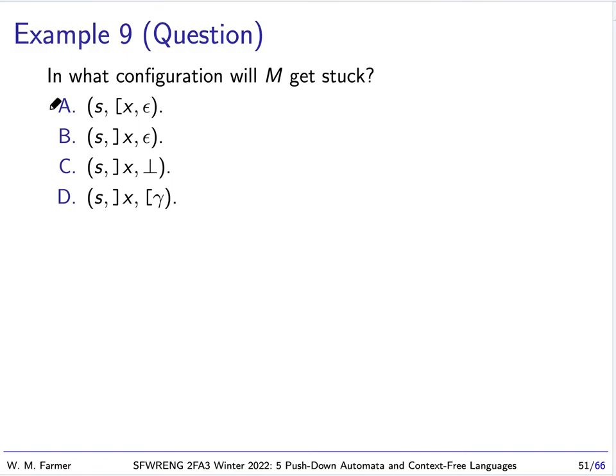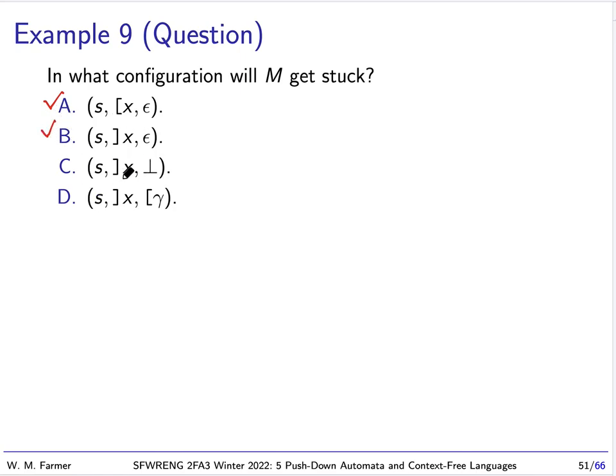So we're going to get stuck in this case. The next one is we are looking at a right parenthesis. That's the first symbol in our string, and we have an empty stack. Same thing, there's no transition to help us here.